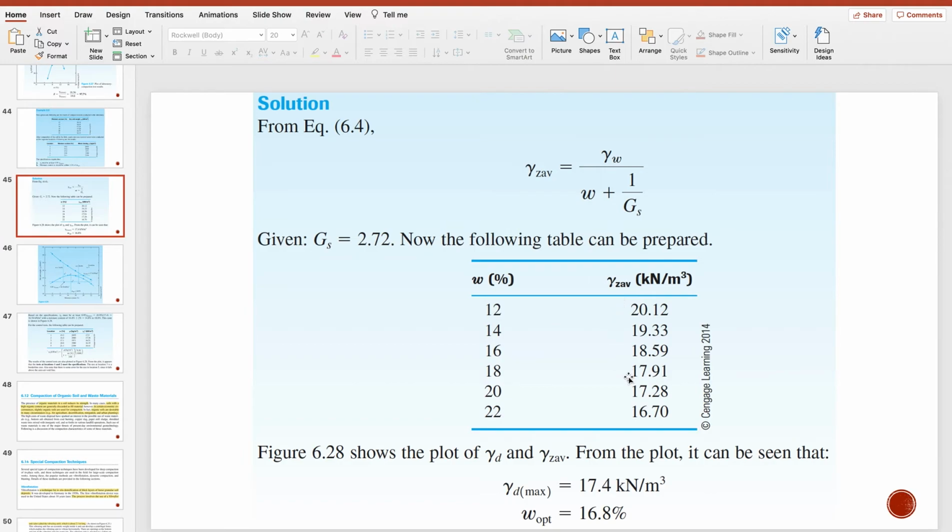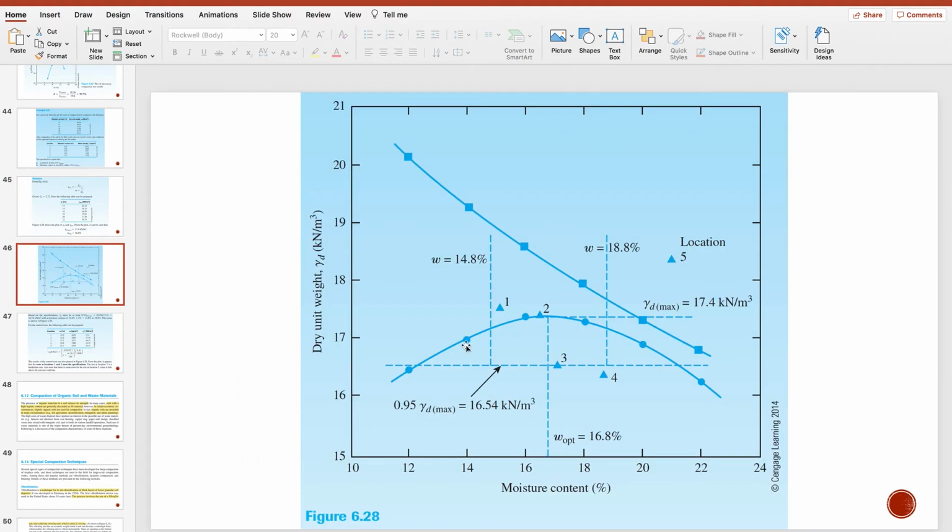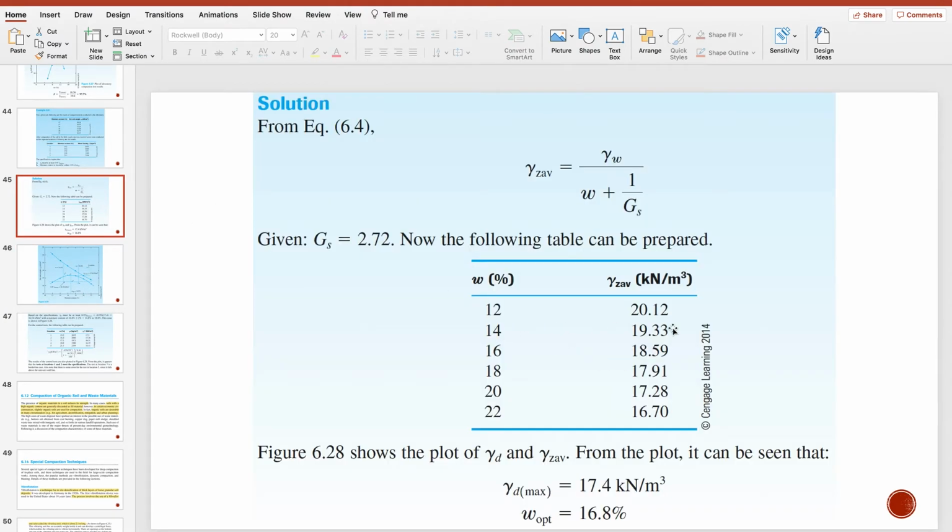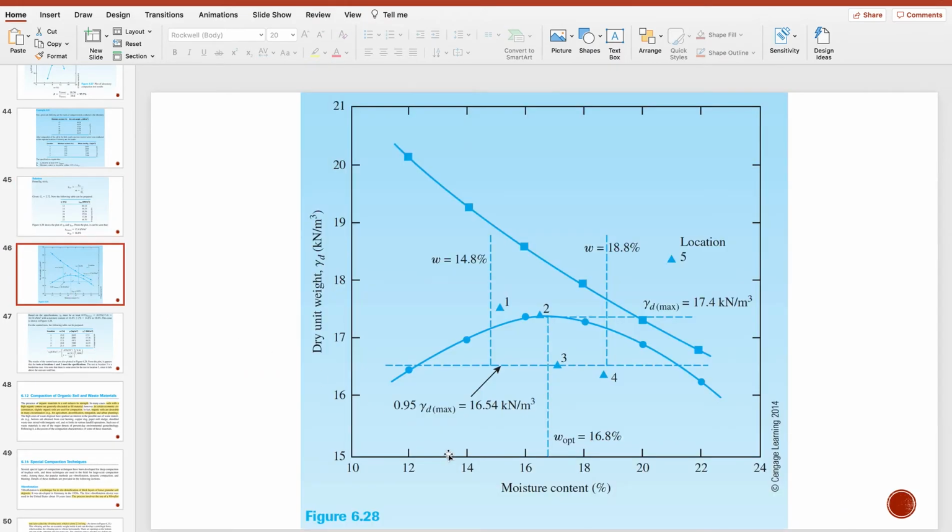Okay? So, from the plot, if we are to plot that, 12, 20.12. So, 12, we have 20.12. Okay? Next, we have 14, 19.33. 14, tapos 19.33, ito.